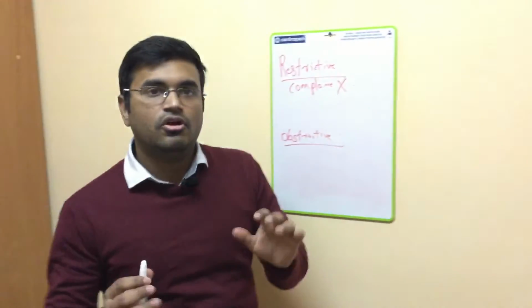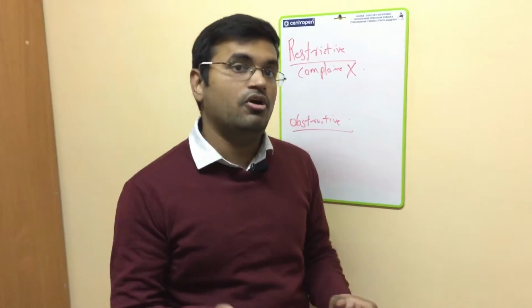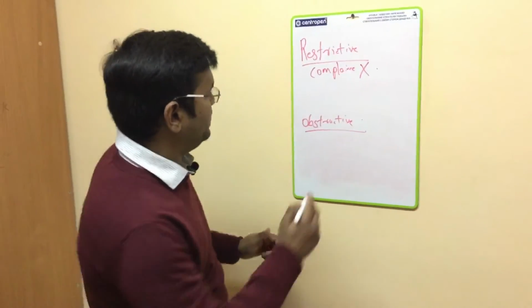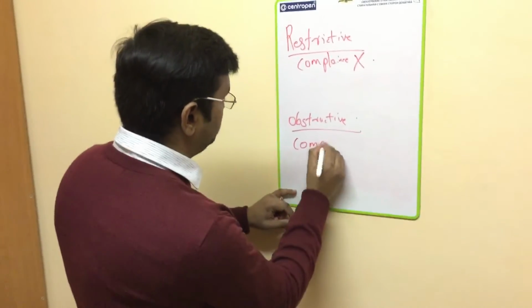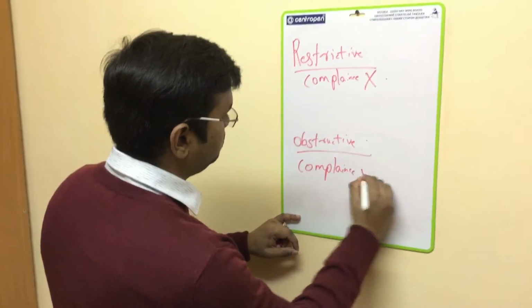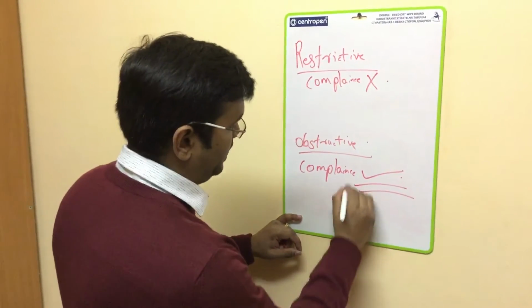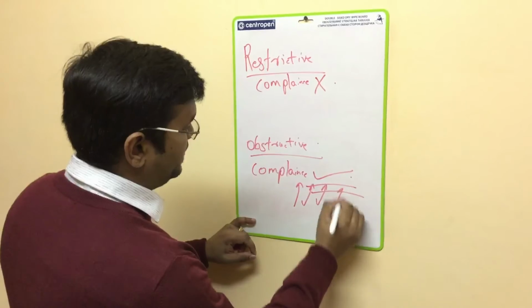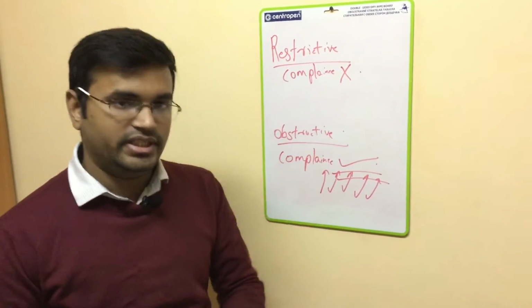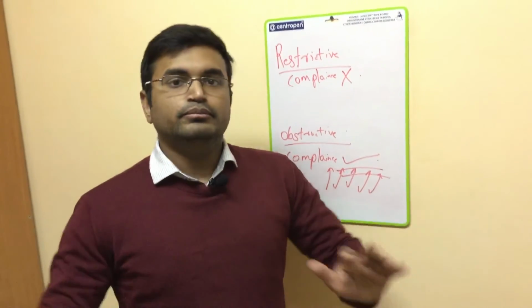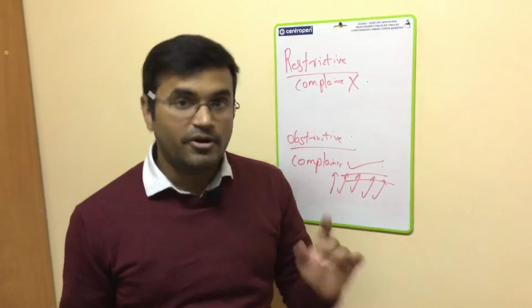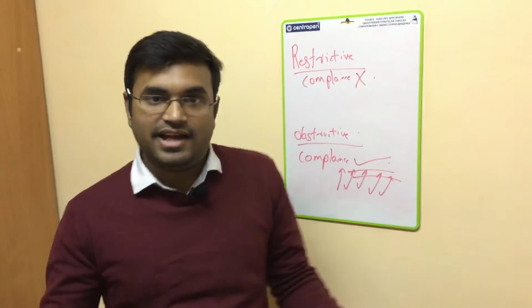So when you talk about the obstructive, the opposite, here the compliance of the lung is very much increased. So you can take the air in very easily, as much as you want. The problem is in taking the air out.